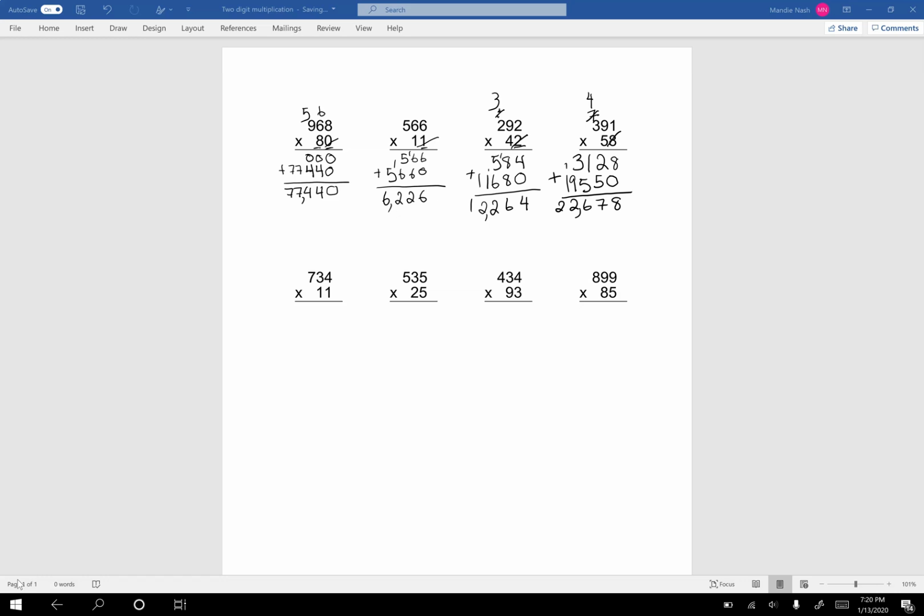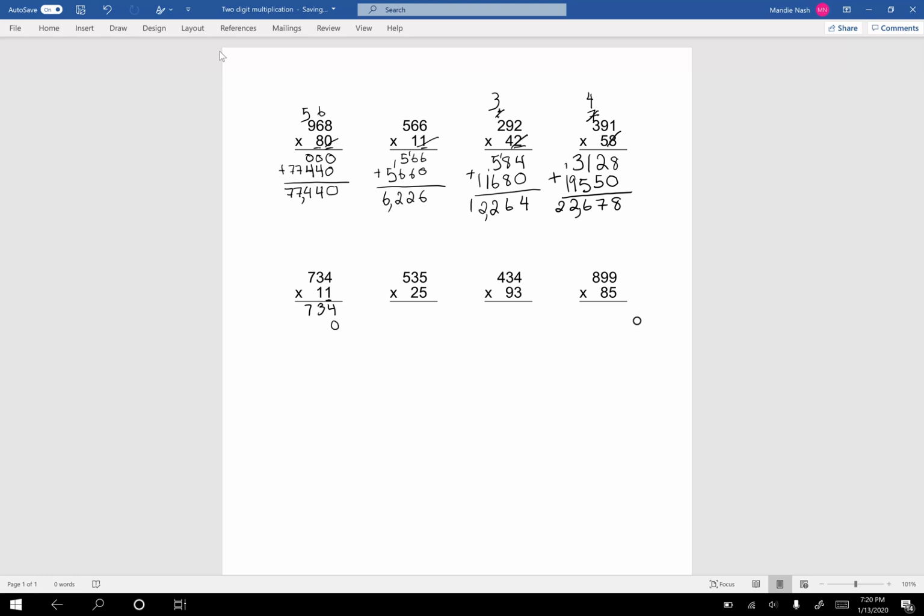Just as a reminder, it's a good idea to pause the video and try the next problem, and then watch and see if you can identify if you made any mistakes. So it's nice whenever you are multiplying by ones. In this case, we're multiplying by 11. So we know that the first value, the top value here, is going to be 734, that's my 1 times 734.